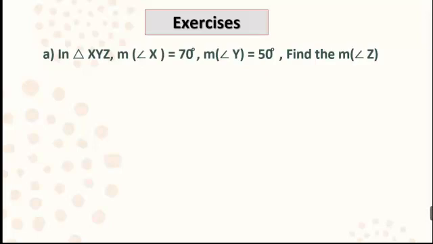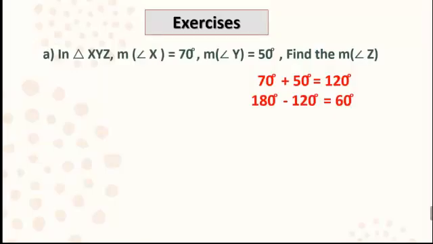Find the measure of angle Z. I have a triangle and the measures of two angles, and I want to find the measure of the third angle. As we know, the sum of the measures of the interior angles of a triangle equals 180 degrees, and we have two steps to get the third angle. What are they? First plus, then 180 minus.